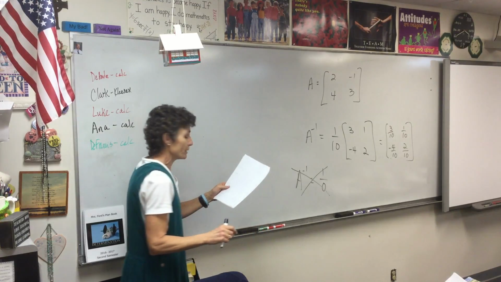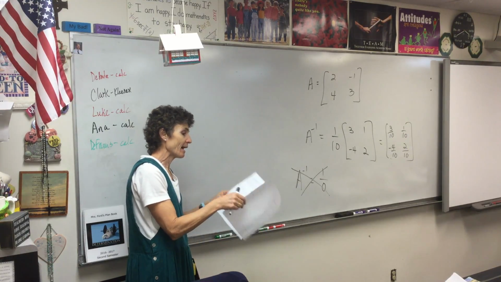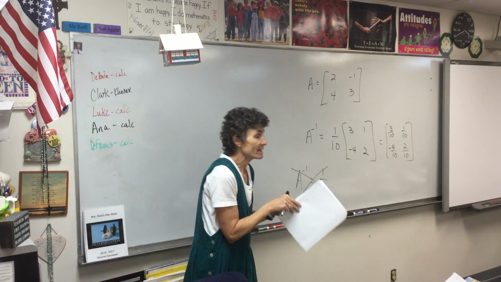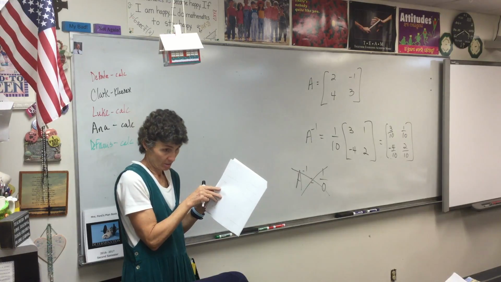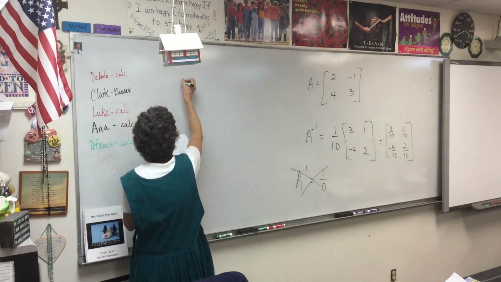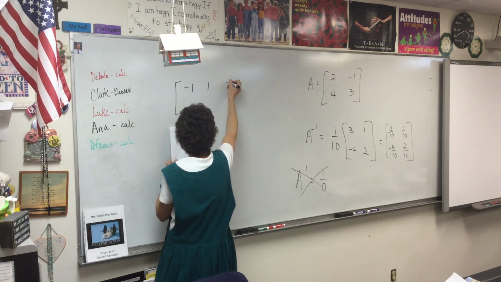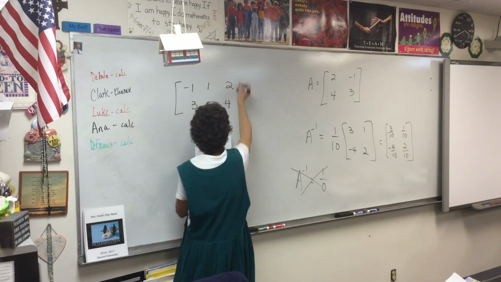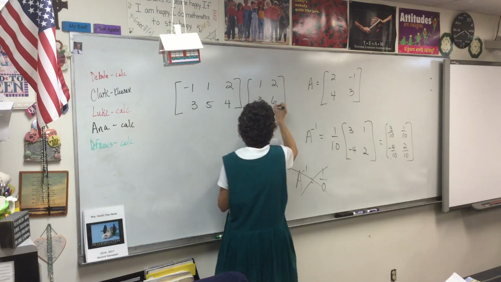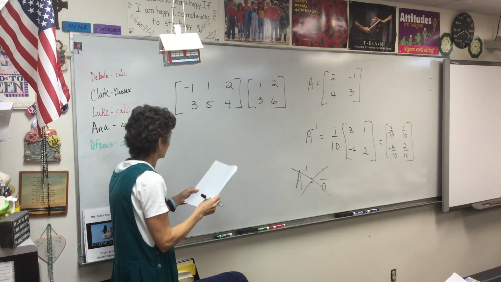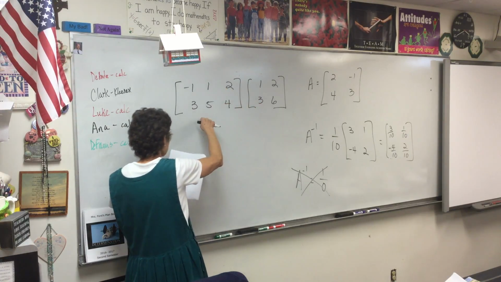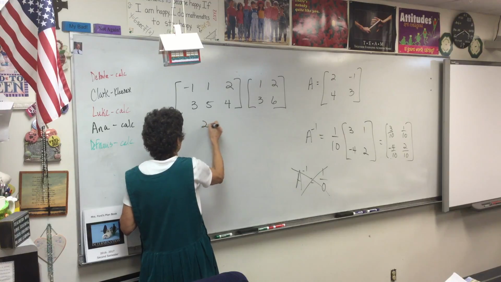Okay, so we're doing problem G on the back of the practice quiz. You will be having a quiz like this, all right? So let's make sure we know how to do CA. All right, so CA, here's C, and here's A. What are the dimensions of C? 2 by 3.